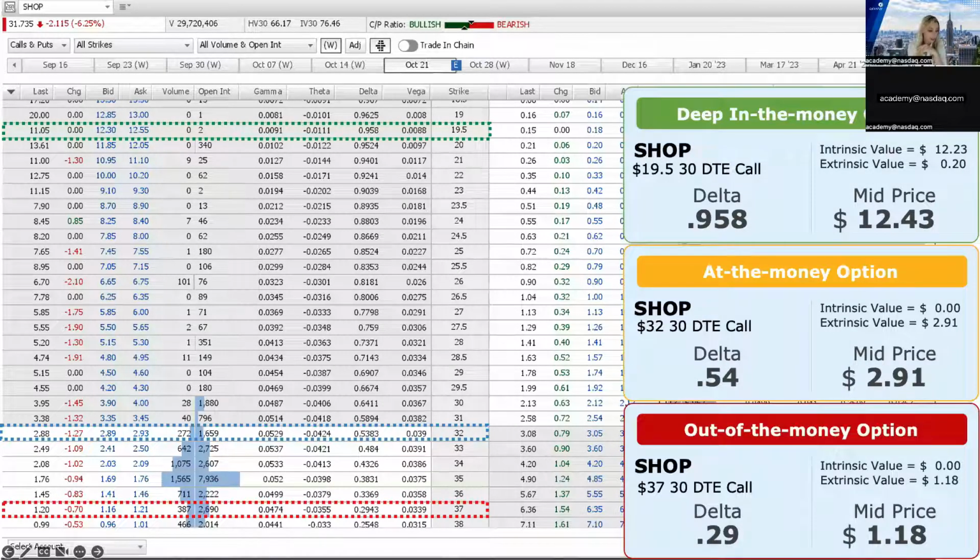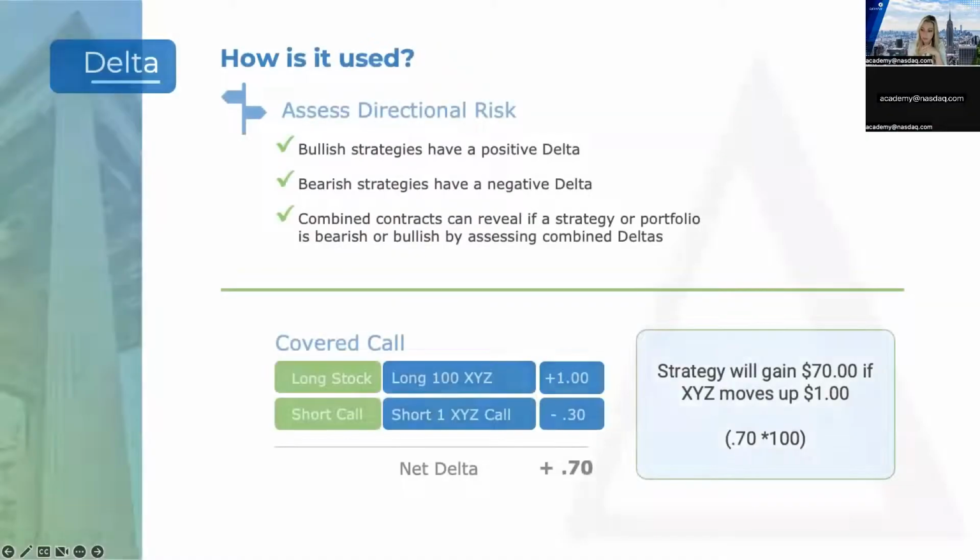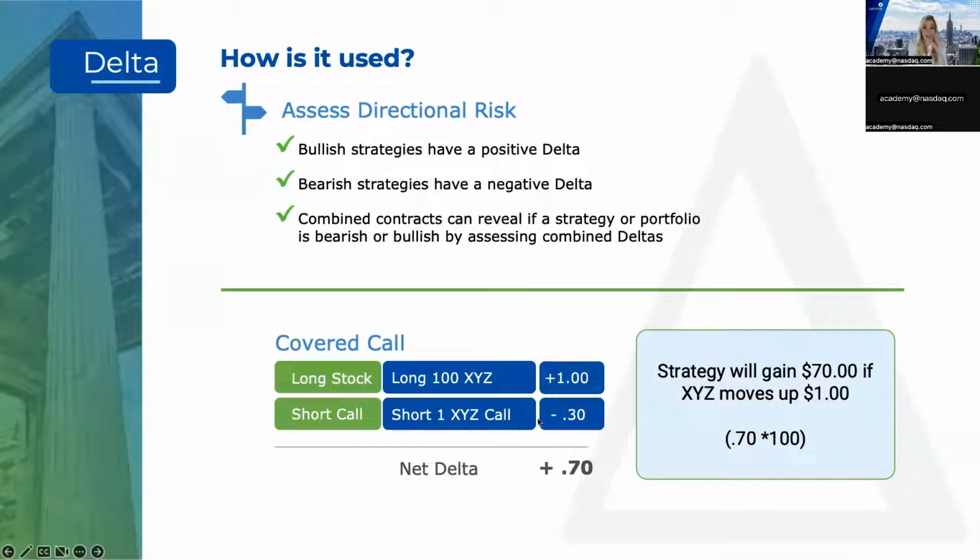And again, makes sense. So our short call individually is a negative delta, but by adding the long stock, this actually takes over the entire strategy and makes it bullish, which makes perfect sense, because when you buy stock, your goal is for it to what? Go up in value. And when you sell a call against those shares, all you're saying is, I agree to sell those shares at this strike price.